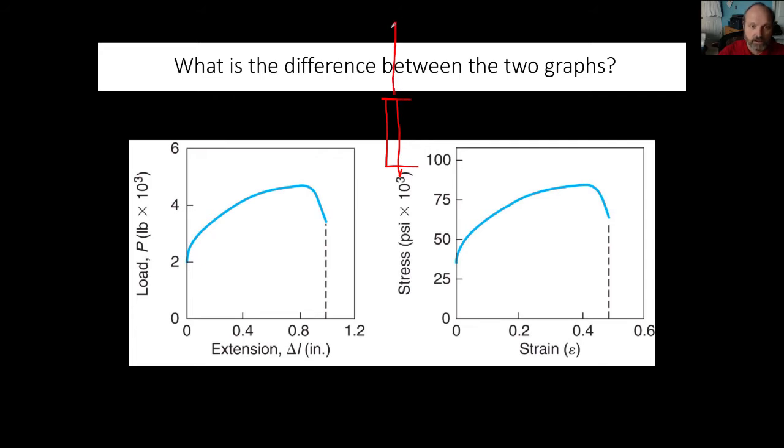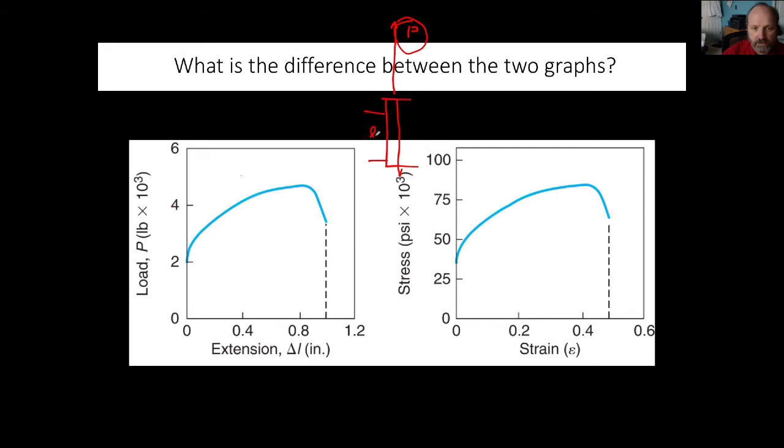You pull on it by P. Now you're going to be stretching this thing. So this is what the machine sees: a certain load, P, and the machine's going to measure the extension.